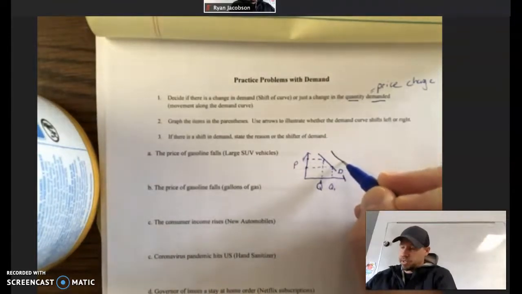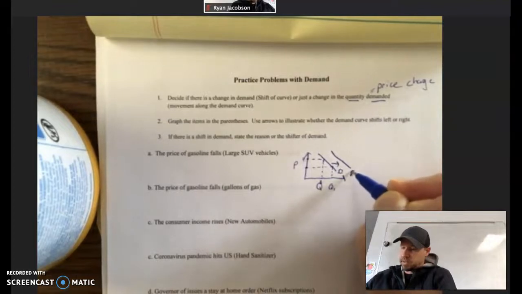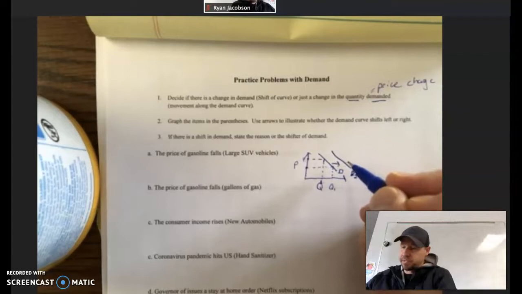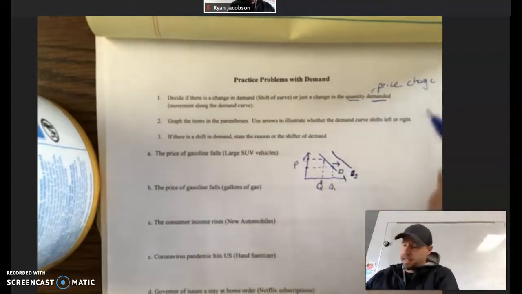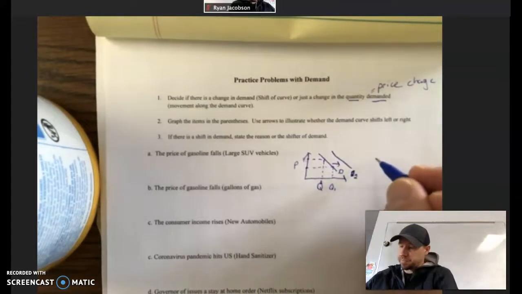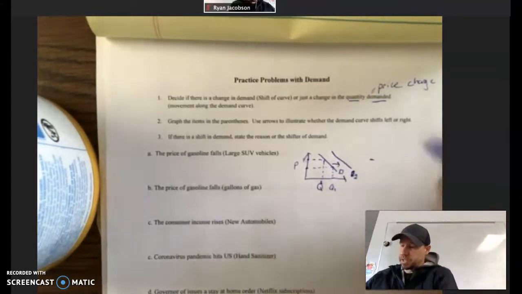So we're going to see a demand shift to the right. I'm going to draw a new demand curve, shifting it out to the right, draw my arrow and label it D2 for demand, and therefore we see an outward shifting of demand.